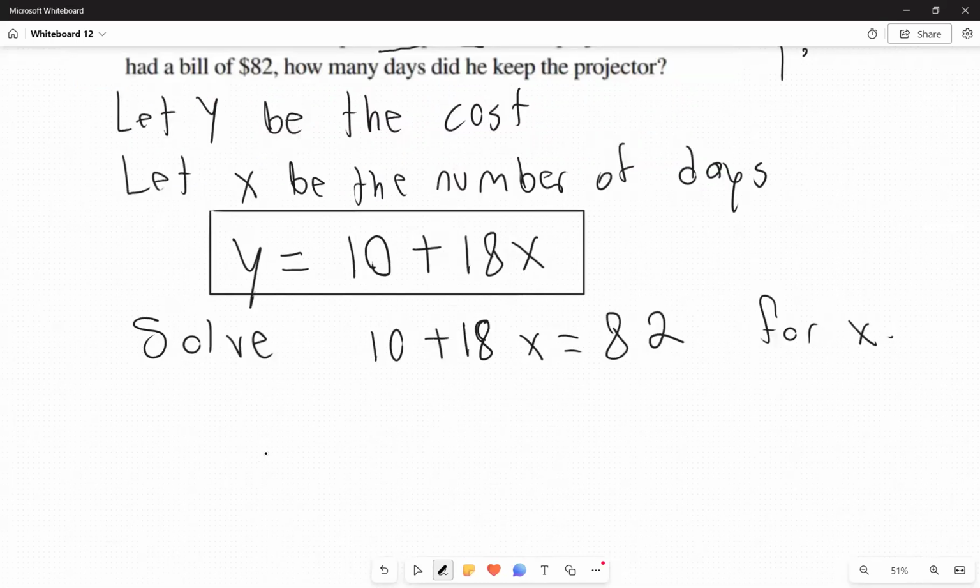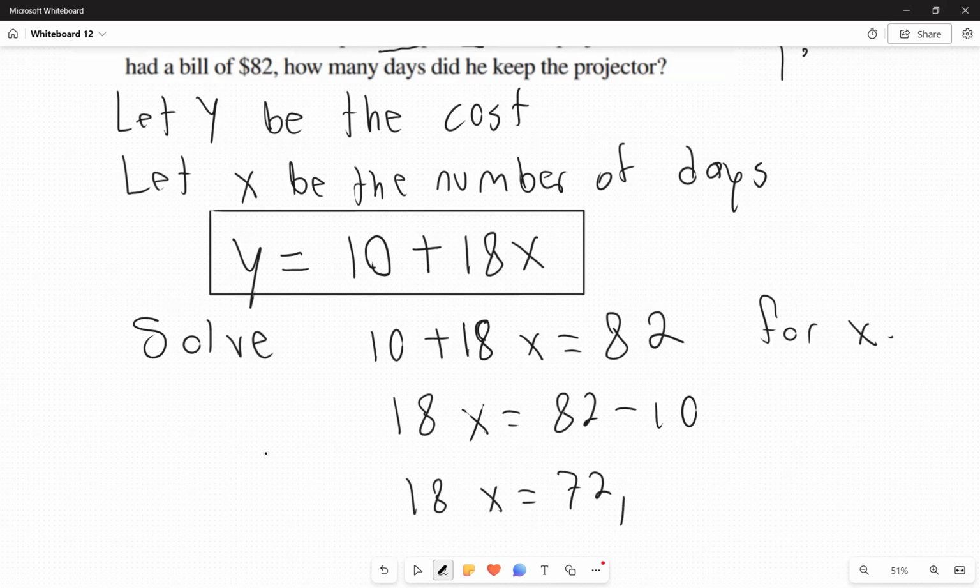We can subtract 10 from both sides or pass the 10 to the other side with negative sign. 82 minus 10 is 72. And then divide both sides by 18 or pass the 18 to the other side dividing. And 72 over 18 is 4.